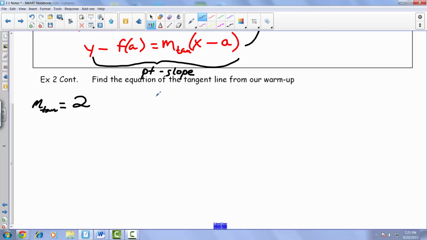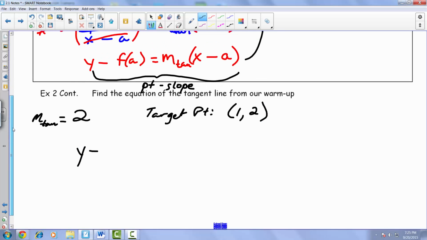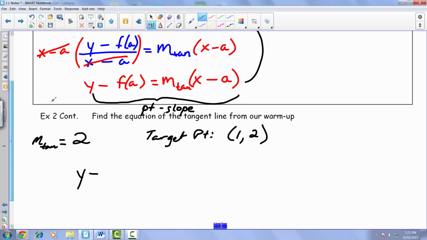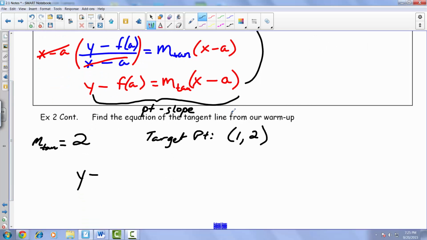We also know our target point, and that was (1, 2). So we can throw those values in there, where, just to prove this in action, we have y minus our target y value. Well, here it is, 2.